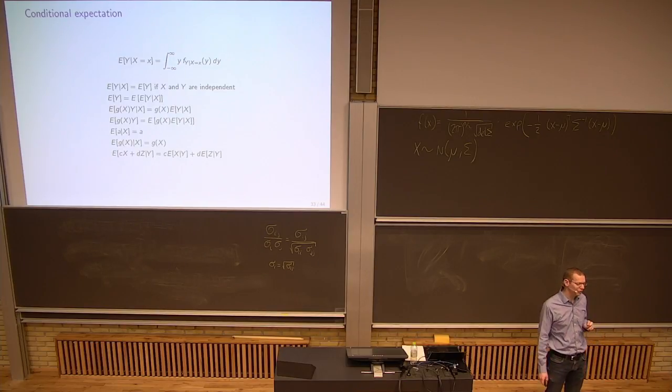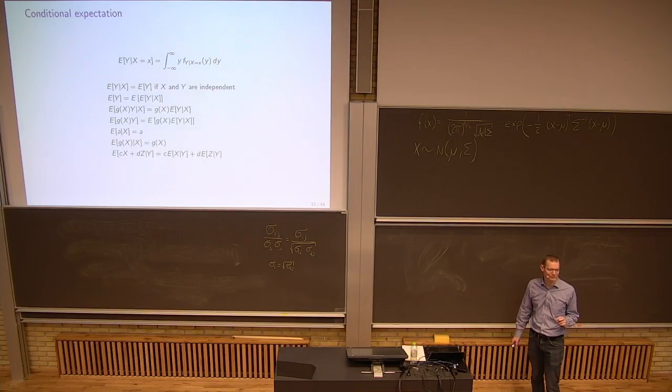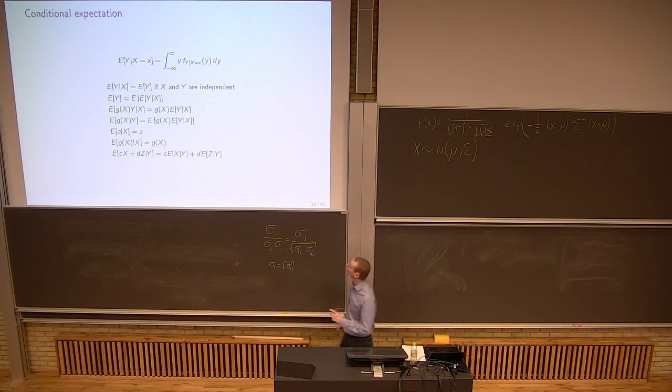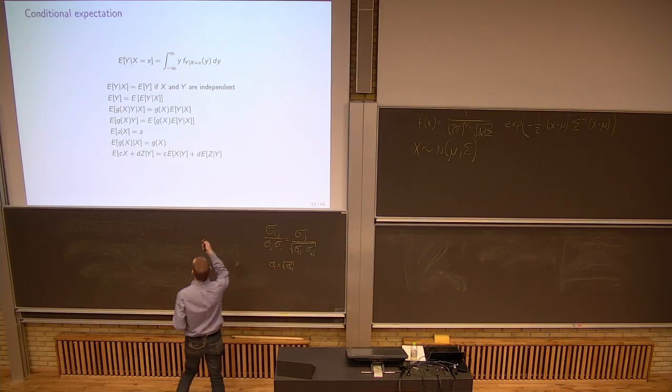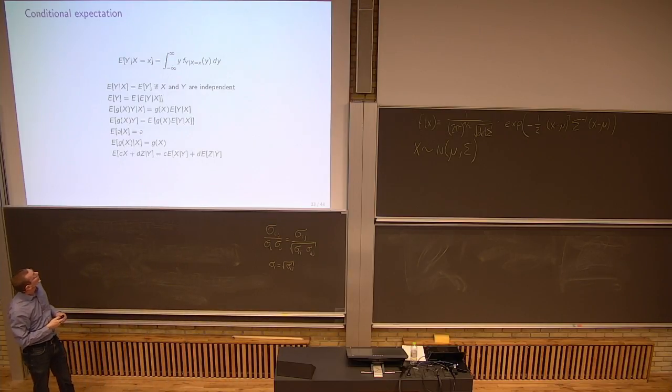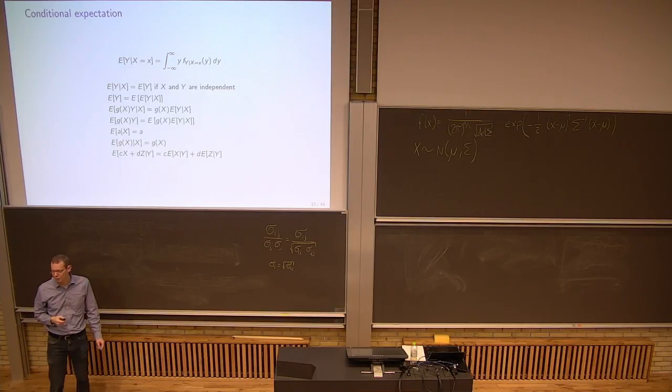These are some of the calculation rules for expectations that will make your life easy if you remember them. First, let's try to understand them a little bit. The first one is just the definition of conditional expectation. It's the conditional density that you use to calculate the expectation of y.